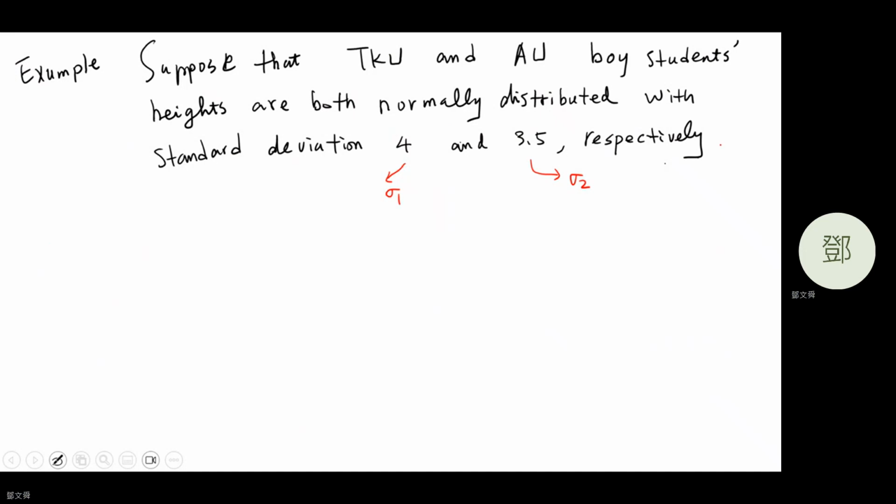Then 0.95 is equal to the probability that x bar minus y bar minus mu1 minus mu2, oh sorry.